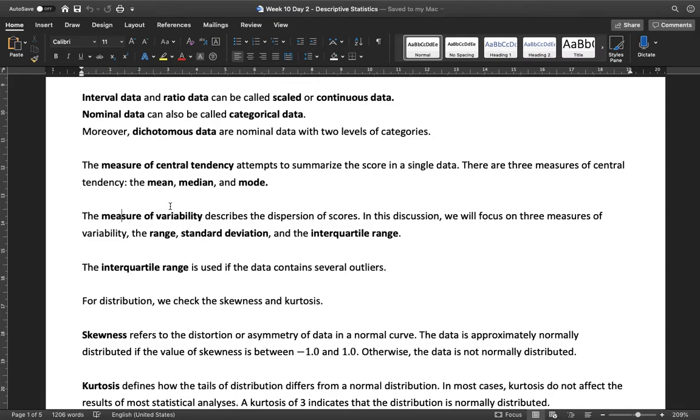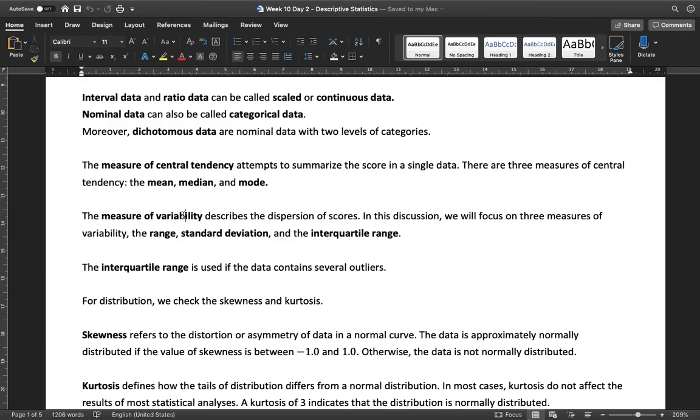Now, for the measure of variability, we describe the dispersion of scores. Pag sinabi ng dispersion of scores, gano'n ka-spread out yung mga scores ng data. It's important to measure kasi yung dispersion of scores kasi doon natin nalalaman yung consistency ng isang data. How consistent ba na kapag in a particular sample, kapag may kinuha ba akong person doon, gaano kalapit yung score niya dun sa mean.